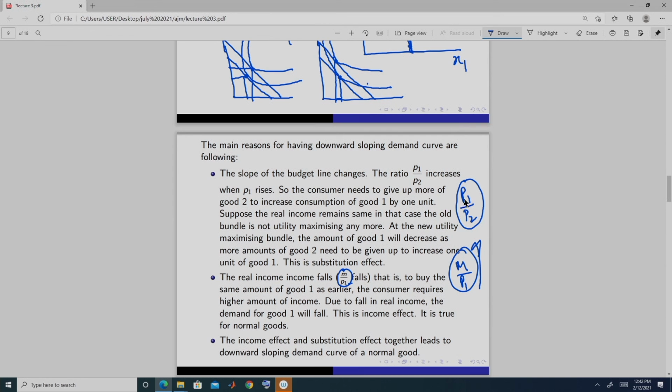When the price P1 falls, this ratio is going to go down, so the market is now asking you to reduce a smaller amount of good 2 to increase one unit of good 1. So you will consume more of good 1. This is the main reason why a demand curve should always be downward sloping if the goods are normal goods.